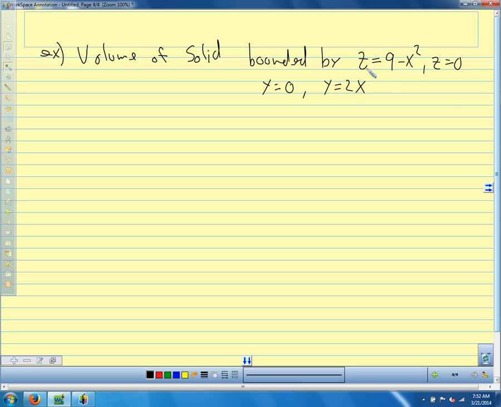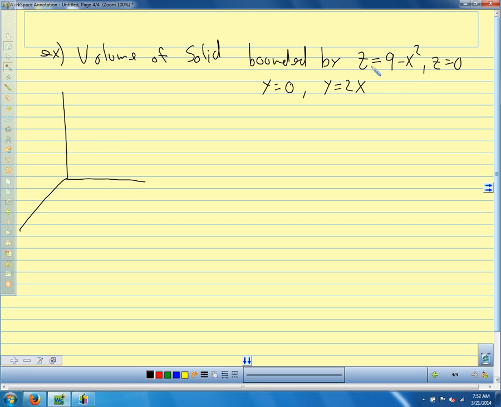So first off, z equals 9 minus x squared. What kind of solid is that? Upside down parabola. And since we're missing the y coordinate, what does that tell us? This would be a cylinder. It's a cylindrical surface about the y-axis.